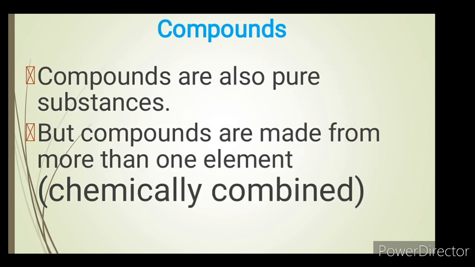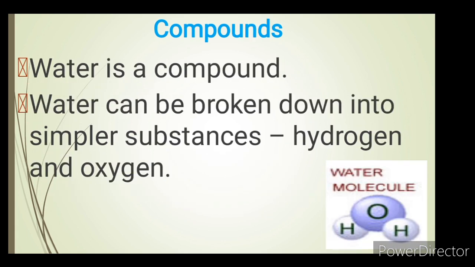Compounds are pure substances just like elements, but compounds are made from more than one element chemically combined together. For example, we have water. Water is a compound. Water can be broken down into simpler substances, hydrogen and oxygen.